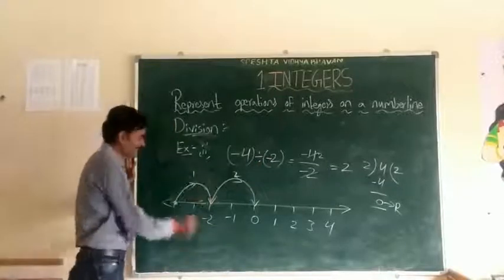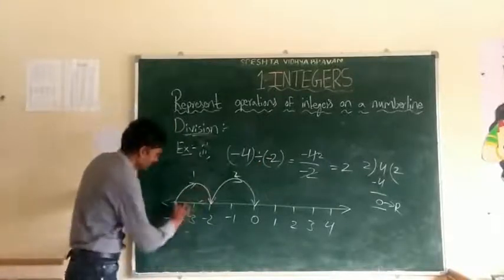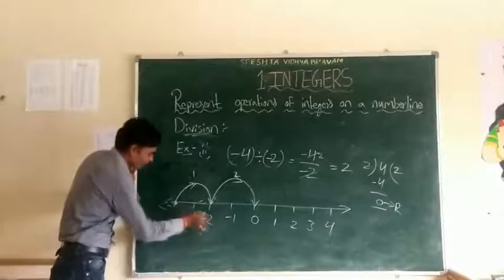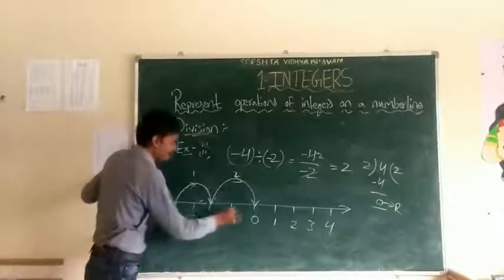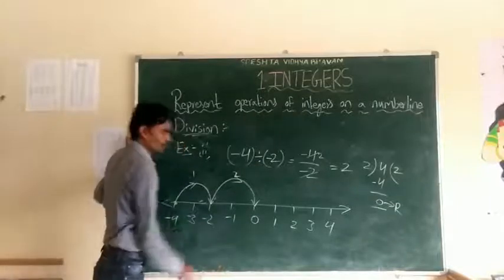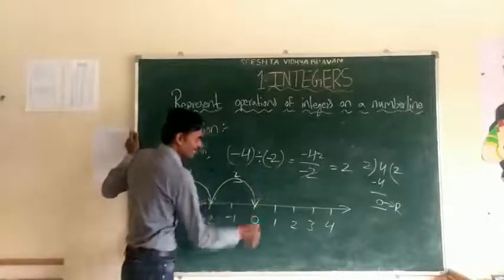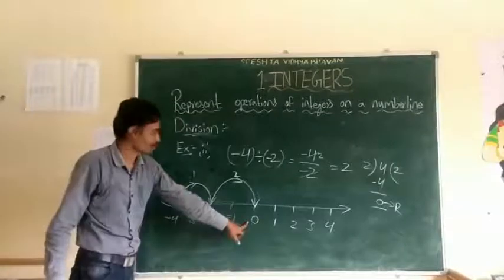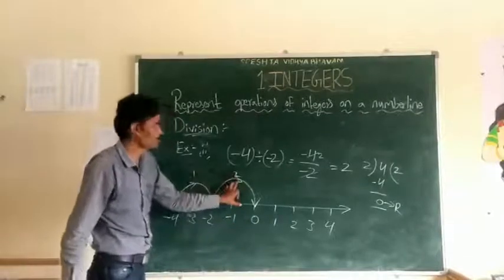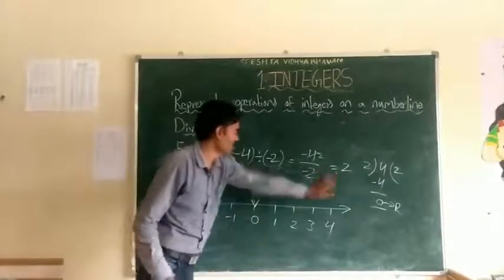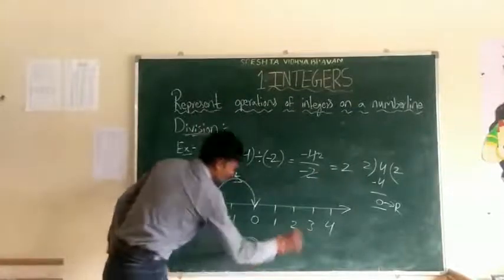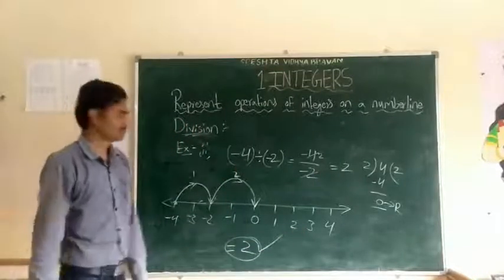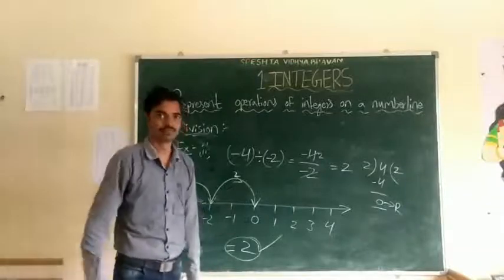Minus into minus is plus, like that, it is forward direction. Subtraction 1, 2, minus 2. Next we are subtracting second time minus 2. That means 1, 2. That's why the remainder is 0. But how many times you have to write as the number? 2 times. That is equal to, the answer is 2.